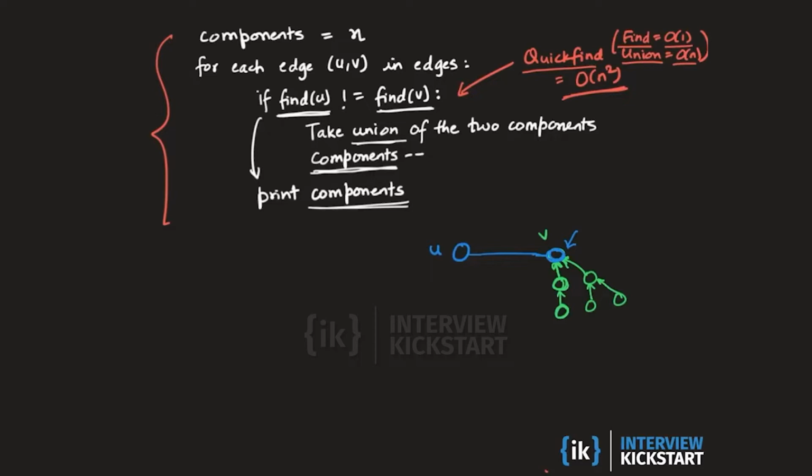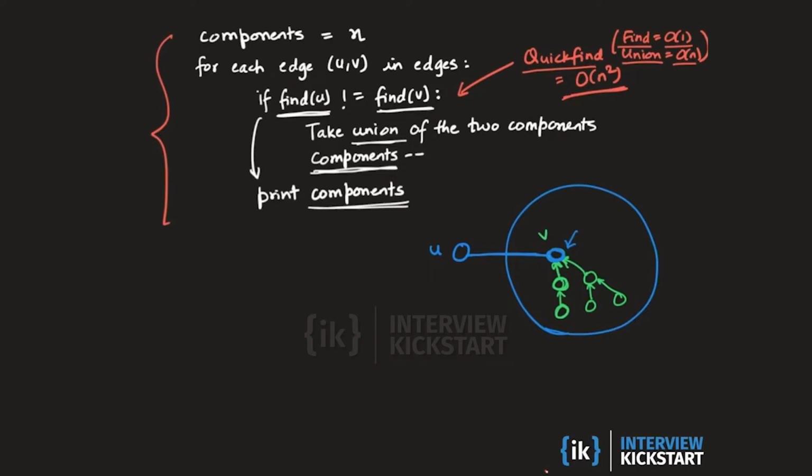And so when two components need to be unified, instead of changing the component ID of everyone in this particular connected component, what we will do is only change the component ID of the king of that component, the leader of that component, and assume that everyone else's component ID has changed by that.